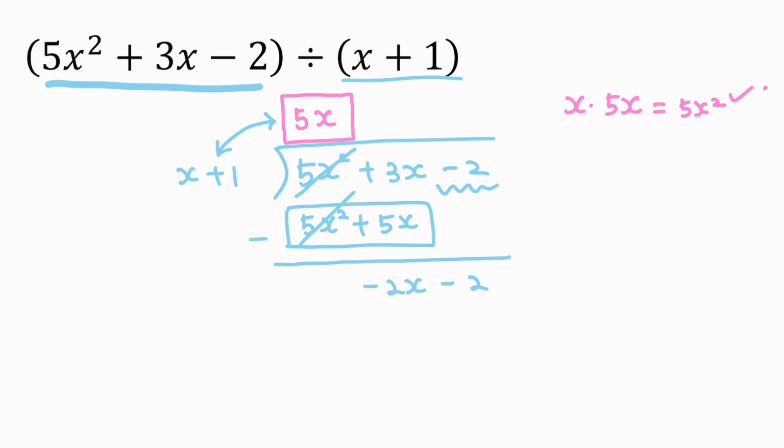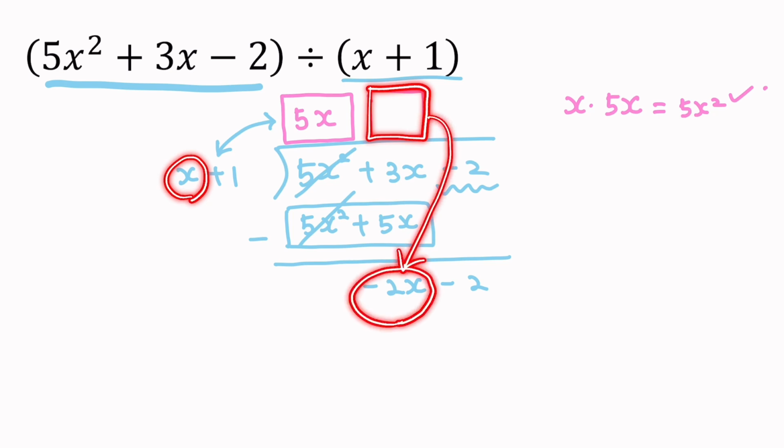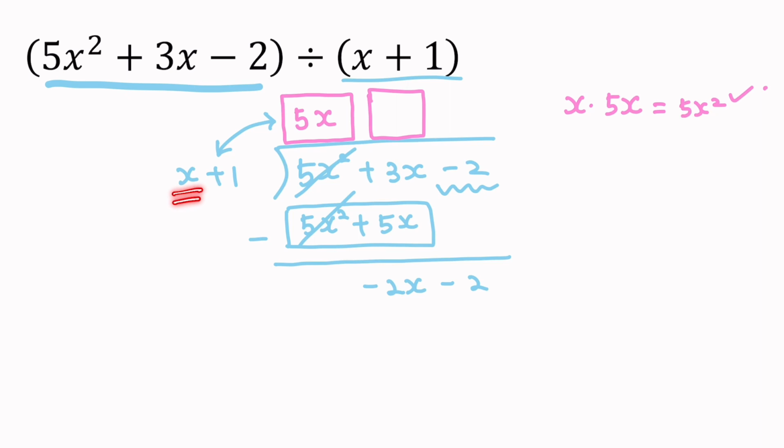Now from here, what we are going to do is we are going to come up with another expression right here that when I multiply x to this number, I get negative 2x. So I'm only considering the highest term in both expressions. So what do I have to multiply to x in order to get negative 2x? Well, the answer is easy.